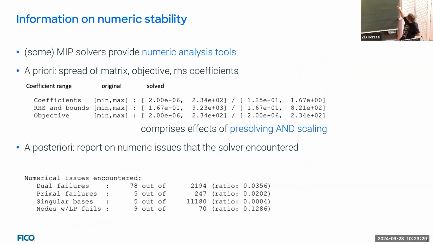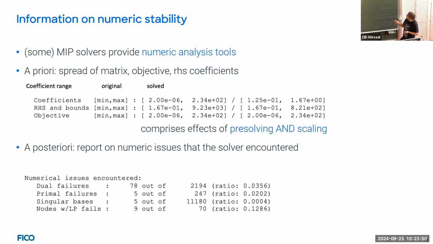In the original problem, they vary between something in the order of 10 to the minus 6 and 10 plus 2. In the scaled problem, there's only like one order of magnitude between them, so that looks very nice from the numerical viewpoint. There's like 3 orders of magnitude on the right-hand side. Still nice. Maybe the objective is a bit sketchy here, but overall, just eyeballing it, I would say, at least after presolving, this is not such a bad problem.